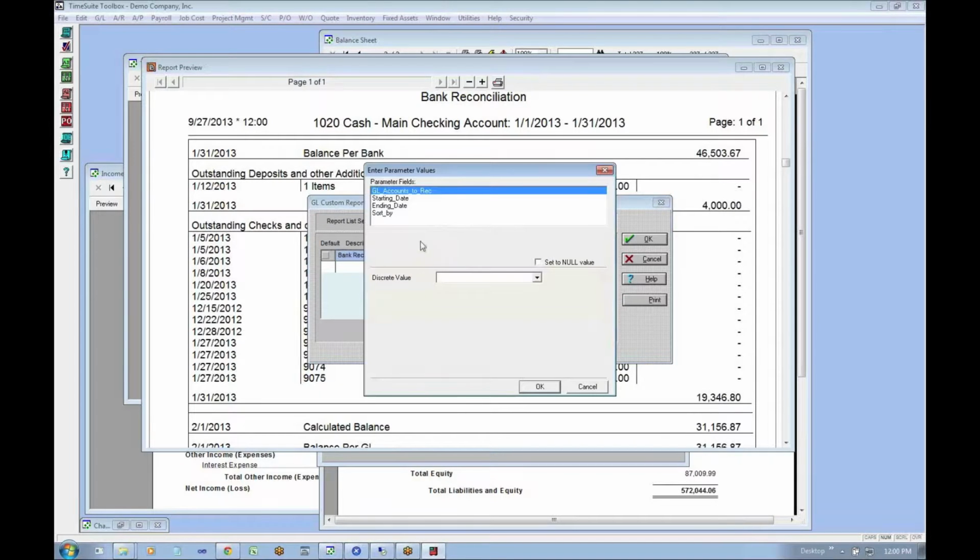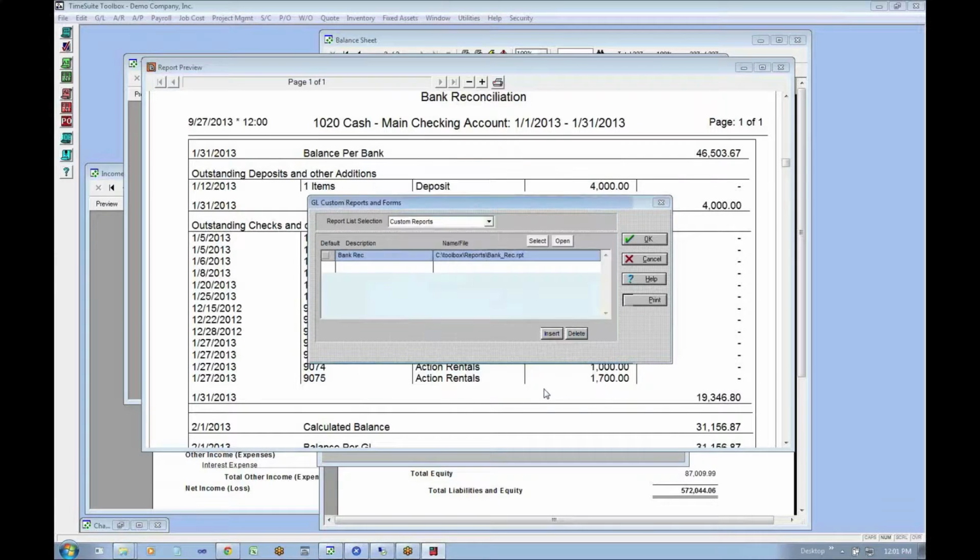So we say print, and then the GL account to reconcile. We're going to go 1020, starting date 1/1/2013, ending date 1/31/2013, and we can sort by different things.